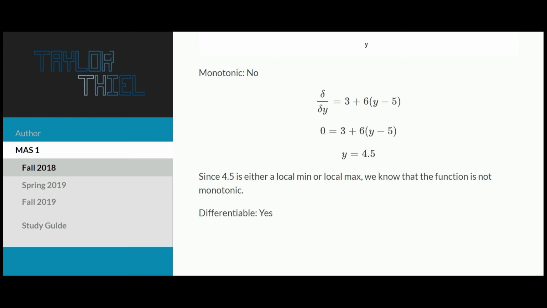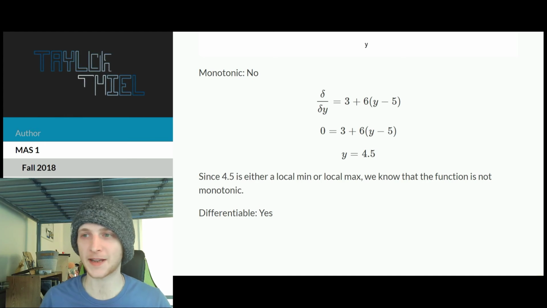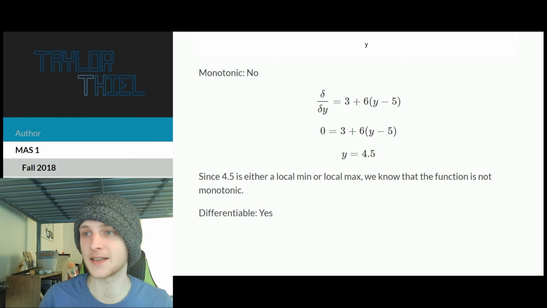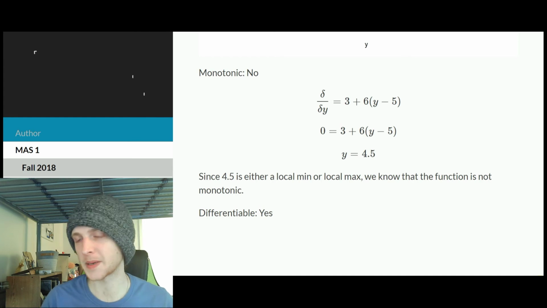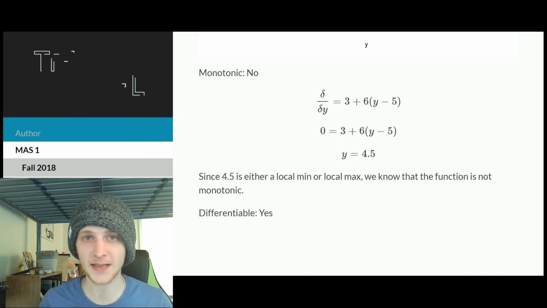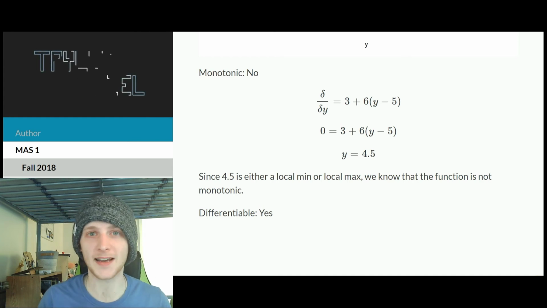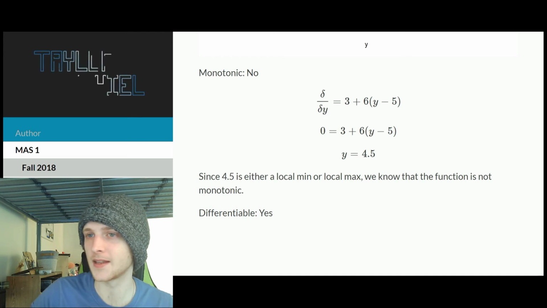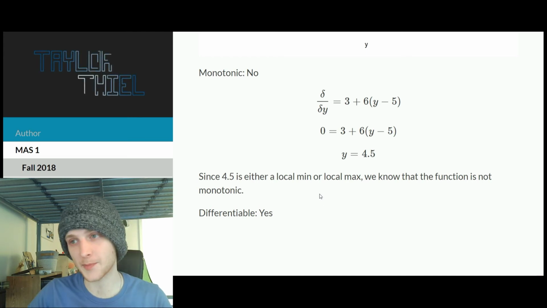We could confirm that it's a minimum or a maximum by taking the second derivative and seeing if it's positive or negative. We don't really care which one it is. We just know that there is a local minimum or maximum, therefore it is not monotonic. And since it's not monotonic, it can't be a link function.